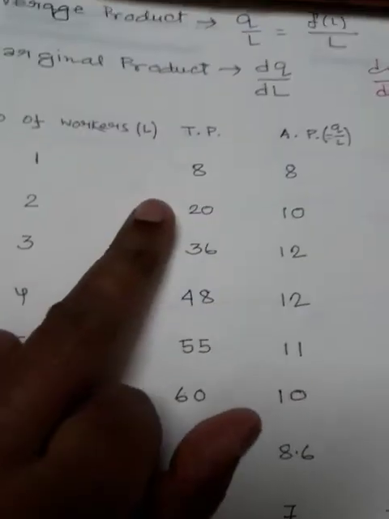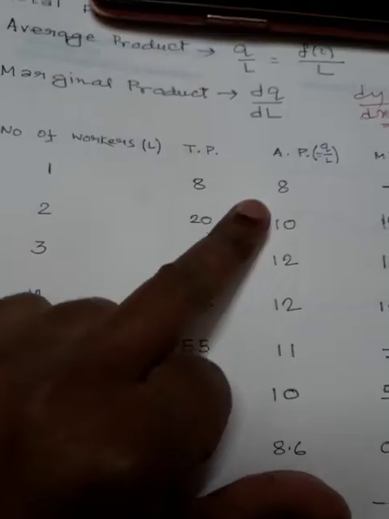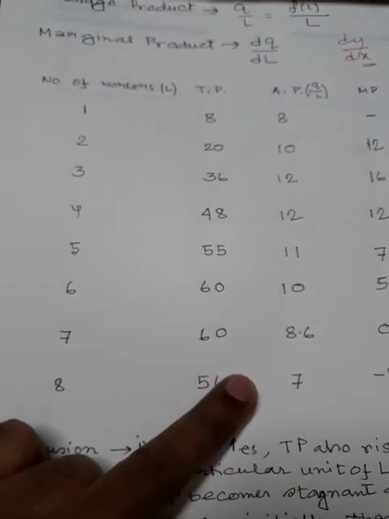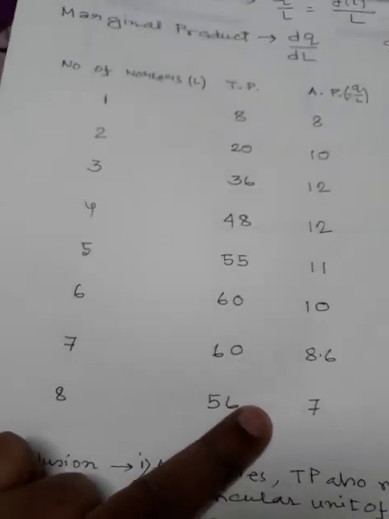Second one, look at the average product. Look at this column, average product: 8, 10, 12, 12, 11, 10, 8.67. So what is it?